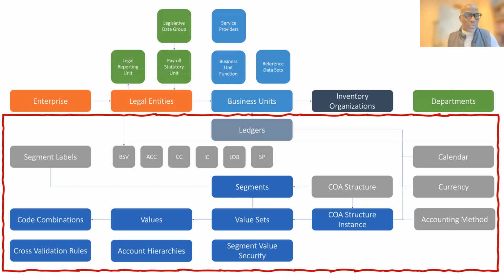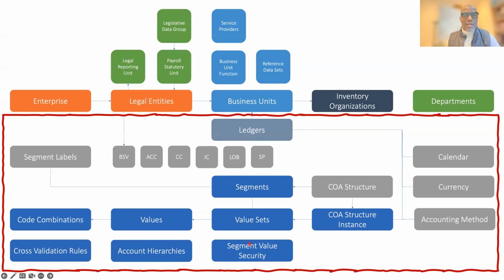So again, I'm going to go into a bit of detail on this much later, but key things to notice are that you have segments. Segments have labels which determine what they're used for from an accounting perspective, and then you can build this based upon certain rules. You've also got your ledger, which will have a calendar, a currency, an accounting method, and then you have your chart of account structure, which has your segments.